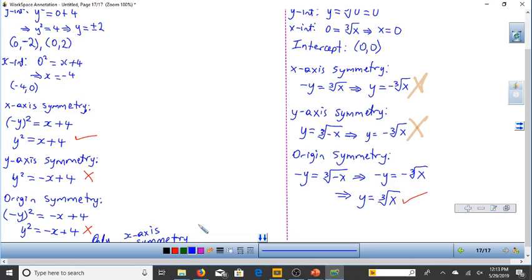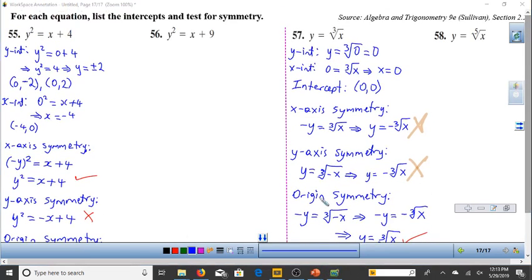Therefore, we have origin symmetry only. And again, I would recommend that you try number 58 on your own. It's a very, very similar question.